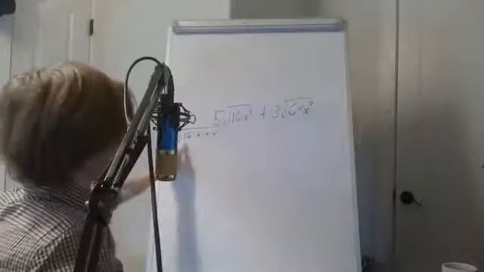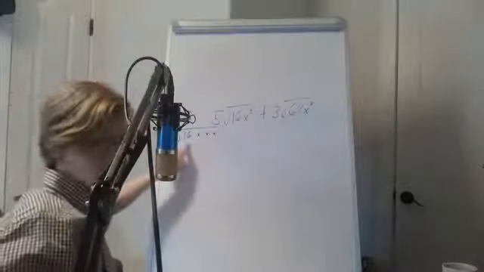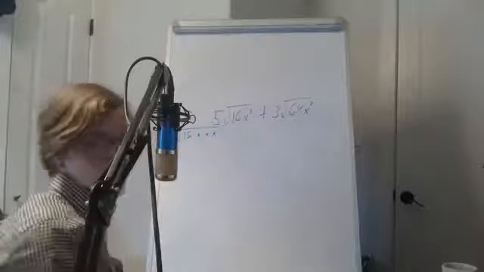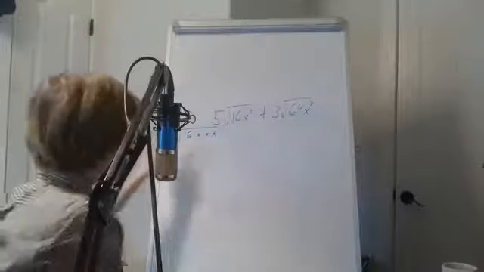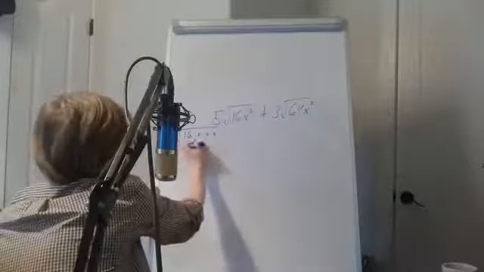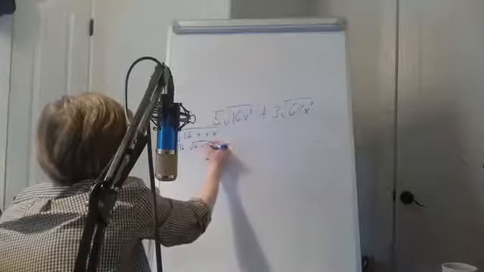I kept that 16 there because 16 is a perfect square, so we don't need to break it down into any factors. Let's rewrite this as 5 times the square root of 16 times the square root of x times x times x.